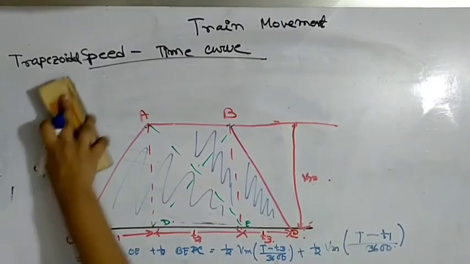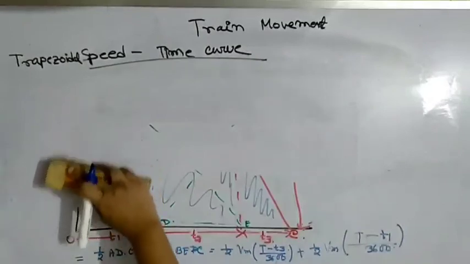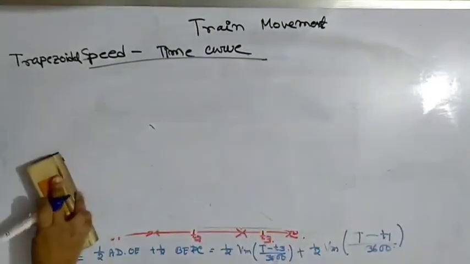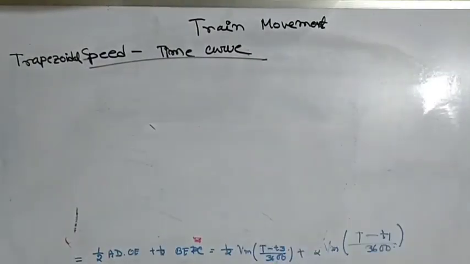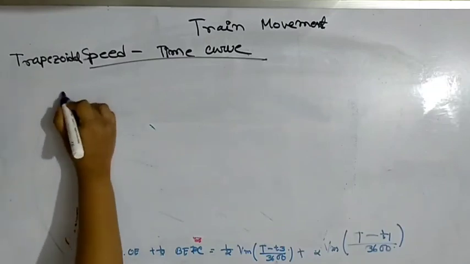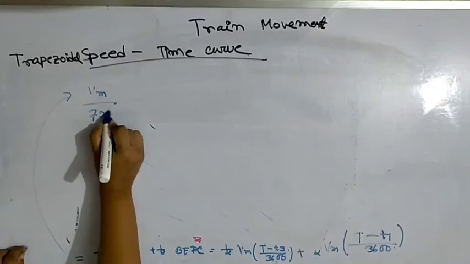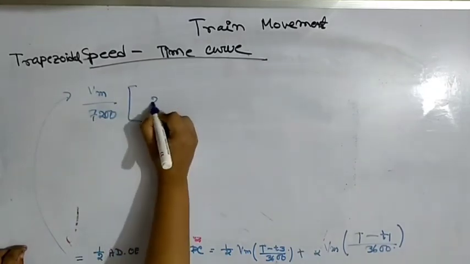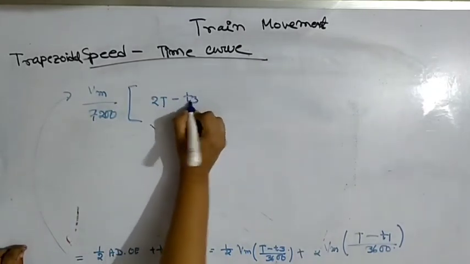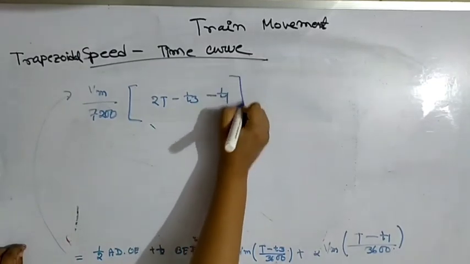Okay, now this equals Vm by 7200 (2T minus T3 minus T1).